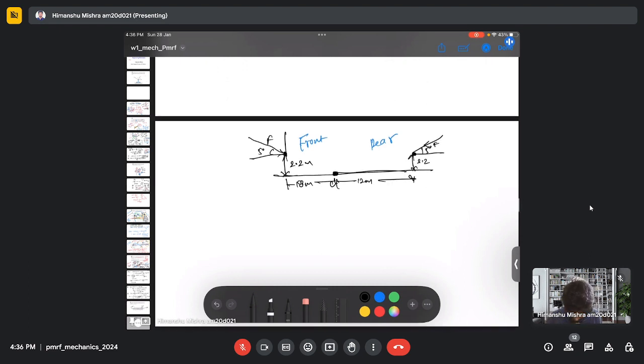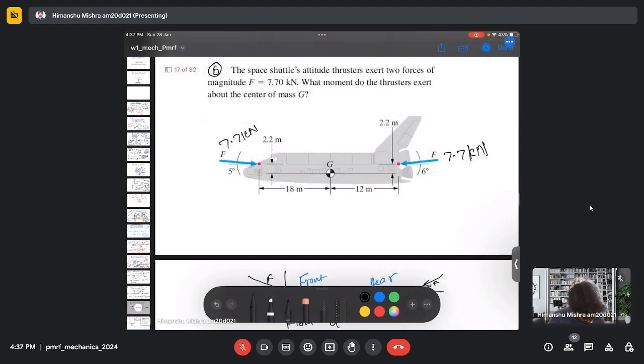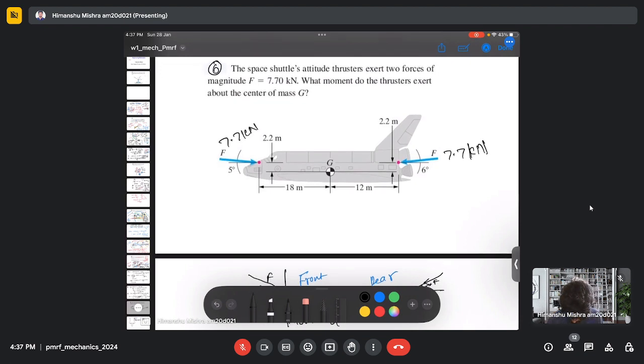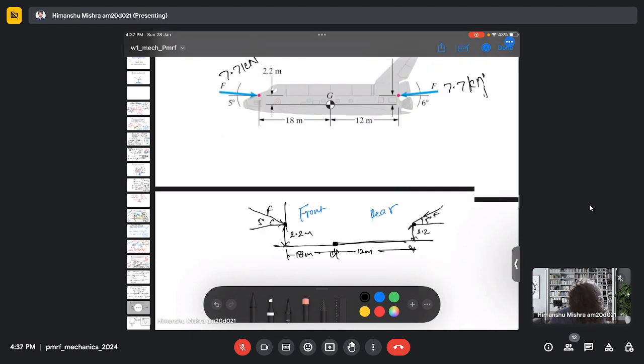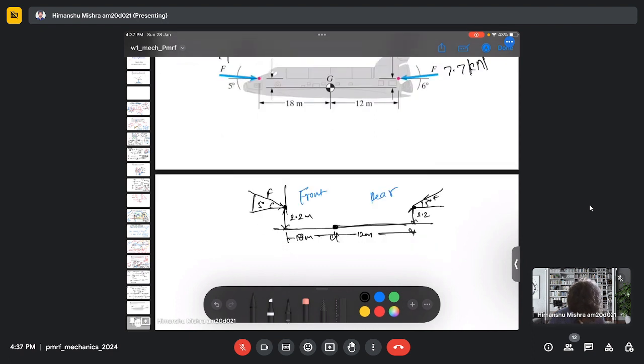In the front part, the moment due to force will be, clockwise direction is negative and counterclockwise direction is positive.